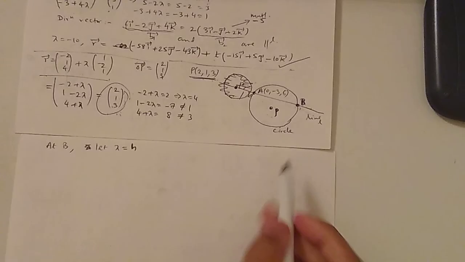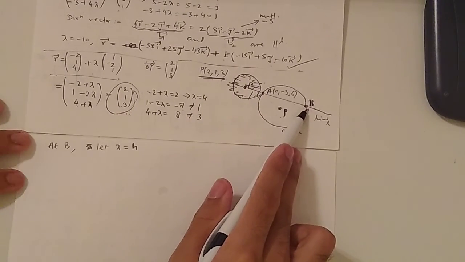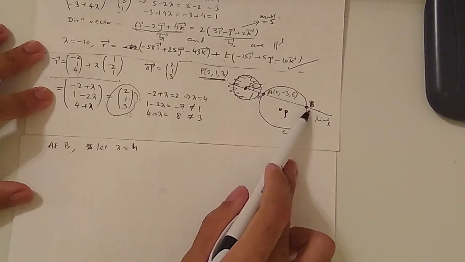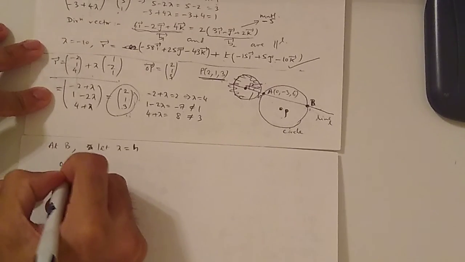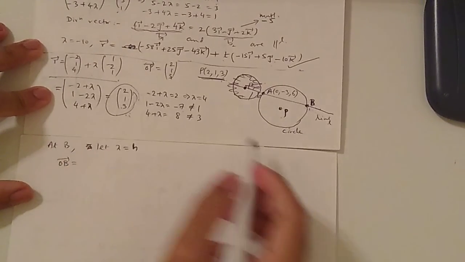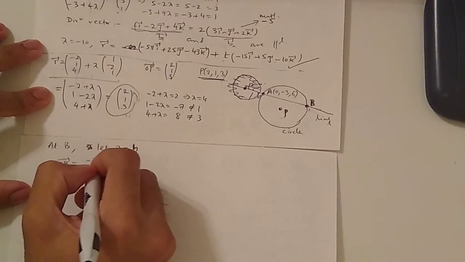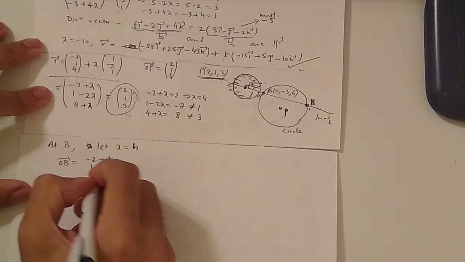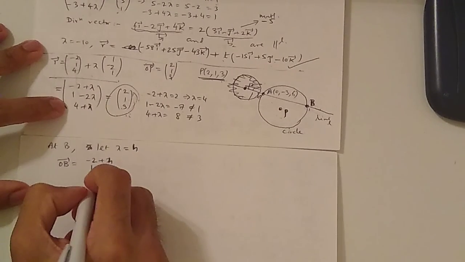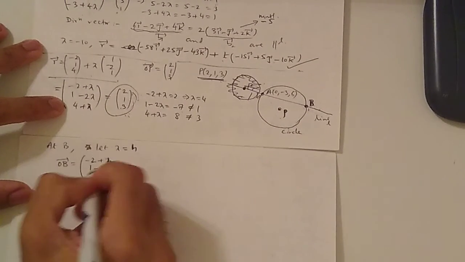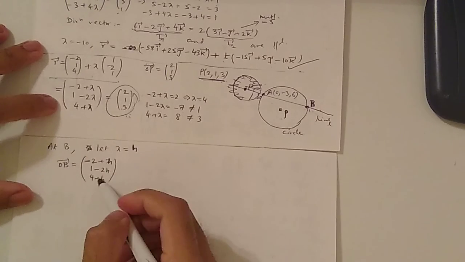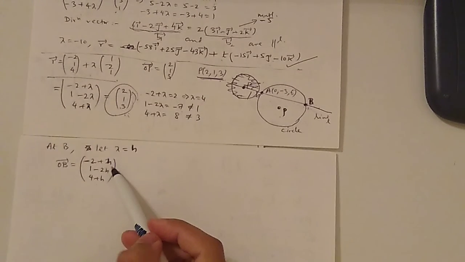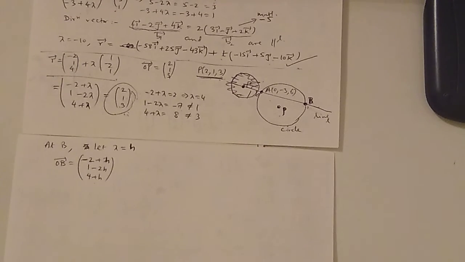In that case, what is the position vector of B? The position vector of B, OB, is equal to minus 2 plus lambda, minus 2 plus h, sorry, minus 2 plus h, 1 minus 2h, 4 plus h. This is only for B. The position vector of B has lambda equal to h, therefore minus 2 plus h, 1 minus 2h, 4 plus h.